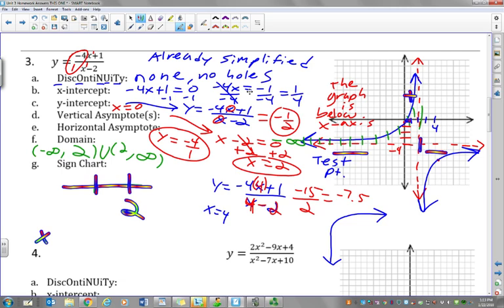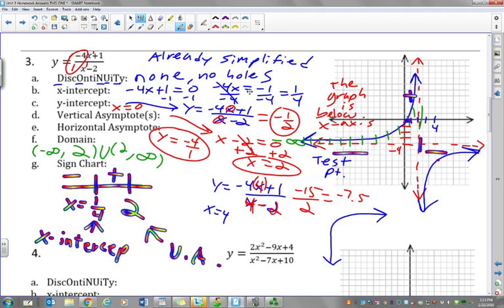So the x-intercept is where a sign change happens, and the vertical asymptote, the VA, is also where the sign changes. So it goes below the x-axis, then above, then below. There's our sign chart: minus, plus, minus, with 1/4 and 2 being the key numbers. So that's how you do number 3.